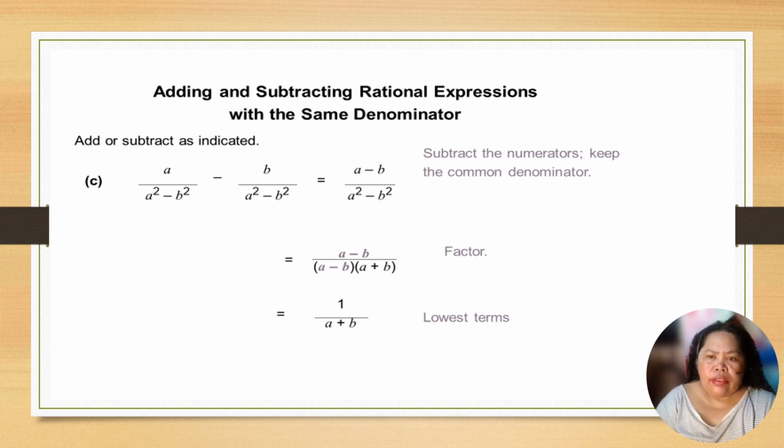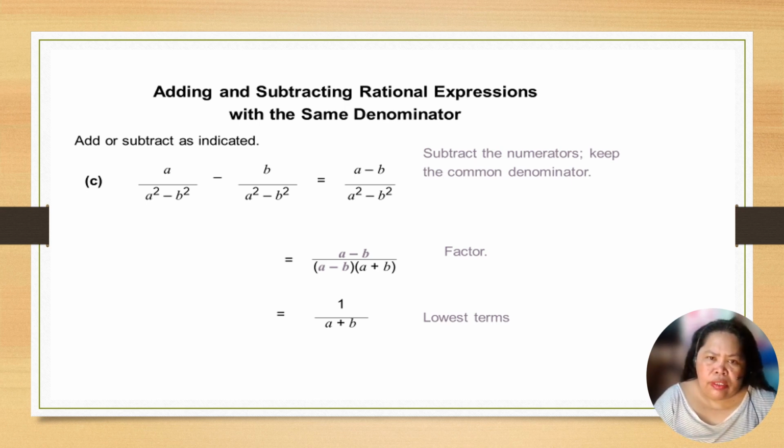Alright, so let us continue. Adding and subtracting rational expressions with the same denominator. Add or subtract as indicated: a over a squared minus b squared minus b over a squared minus b squared. So subtract the numerators and keep the common denominator. So a minus b over a squared minus b squared.